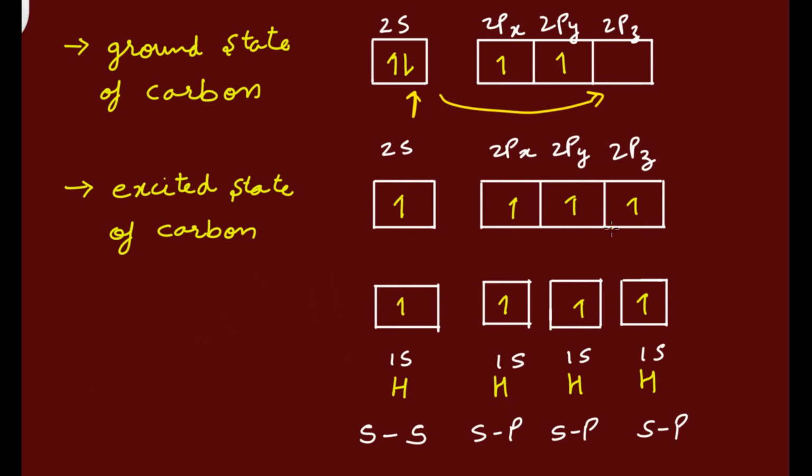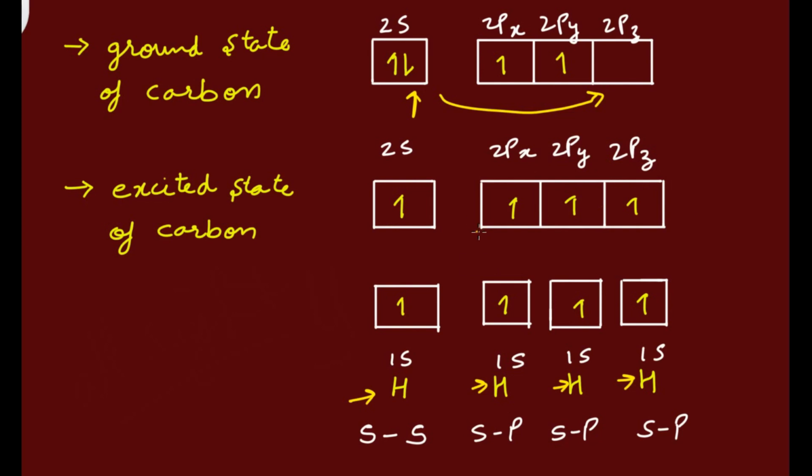According to valence bond theory, each of the four hydrogens will make a bond with these four orbitals of carbon. There is one orbital from 2s and three orbitals from 2p, that is 2px, 2py and 2pz. You all are familiar with that.